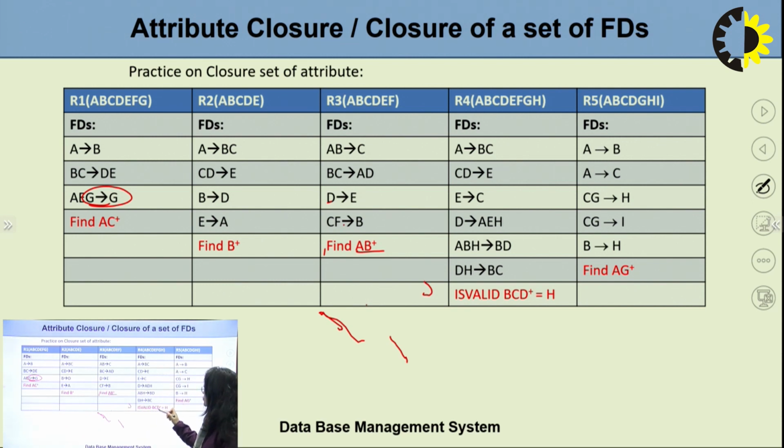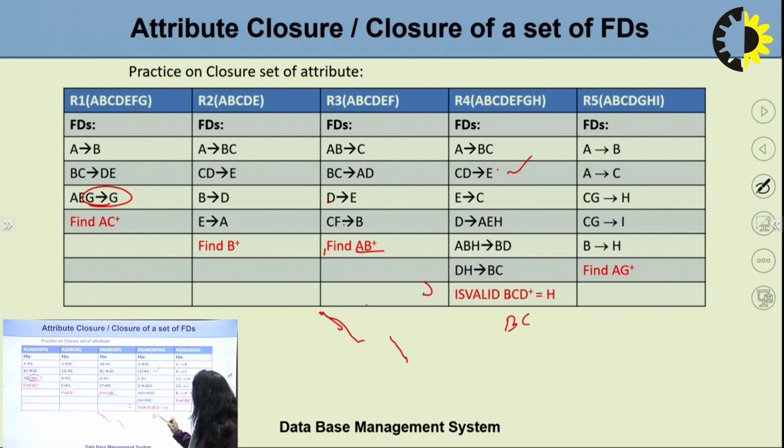Here we need to check whether BCD plus is H or not. So what we have in our hand is B, C, D. What other thing can we determine from here? From C, D, we can determine E. C we already have. Okay, what else can we determine?